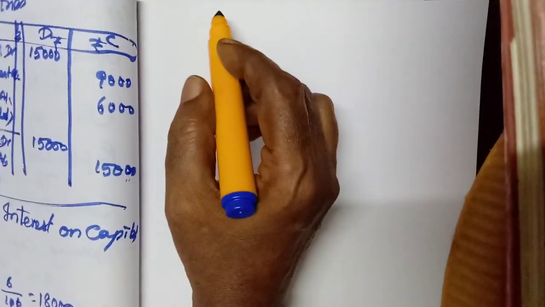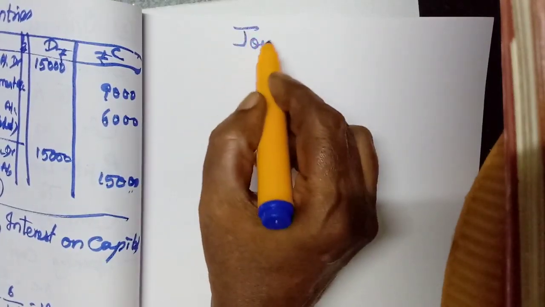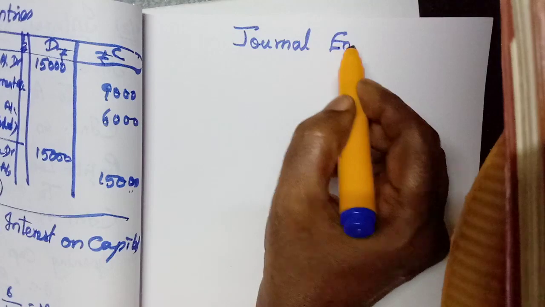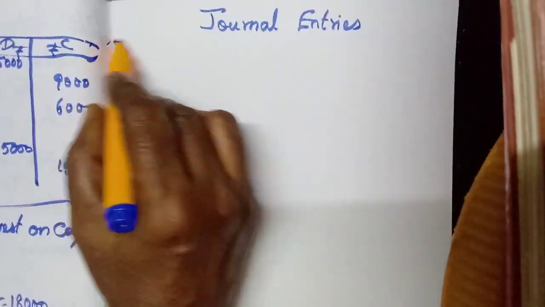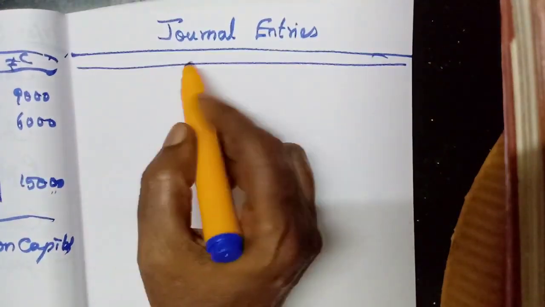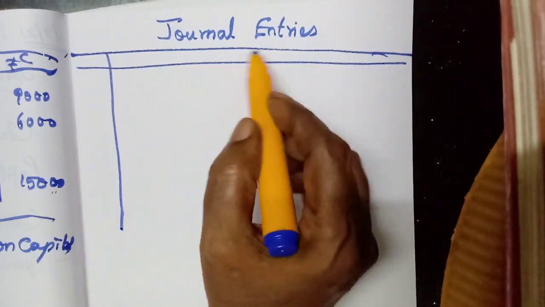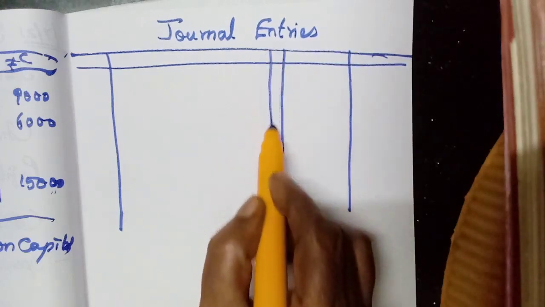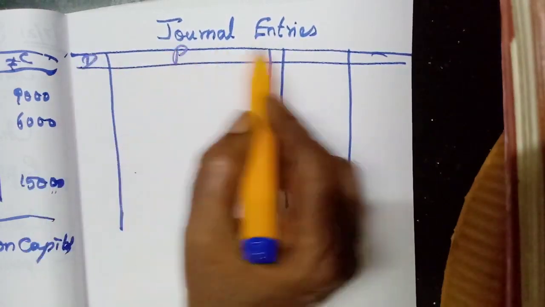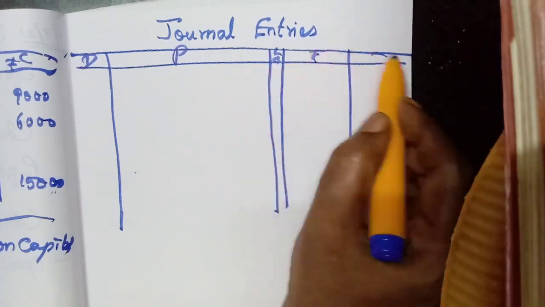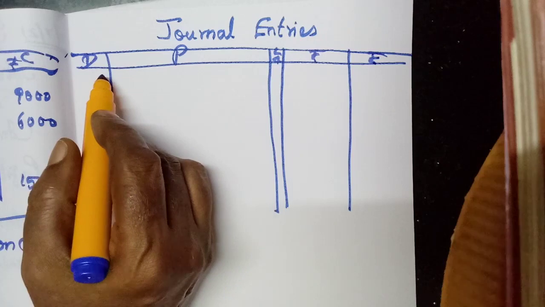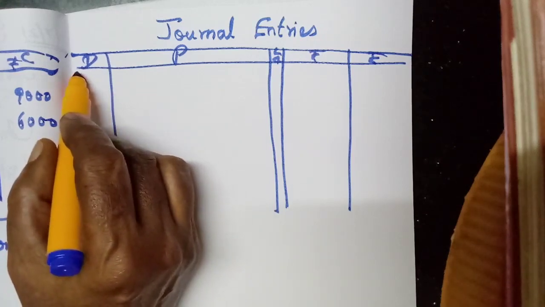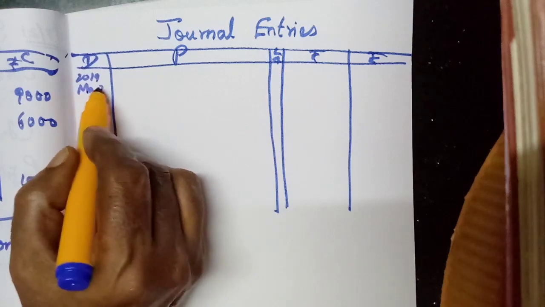Now what is the next part of the question? And show the journal entries. So we have to show the journal entries. Draw the column. Date, then 2 amount columns, then 1 small LF. Date, particulars, LF, rupees. Which date? Last date, 2019 March 31.